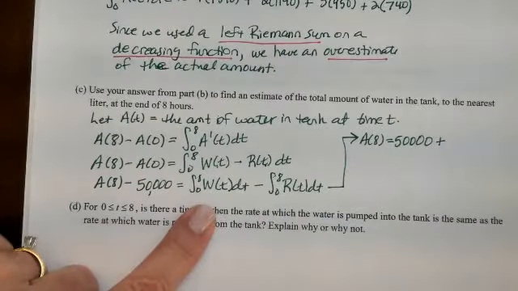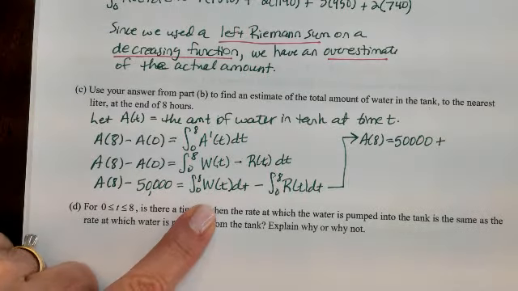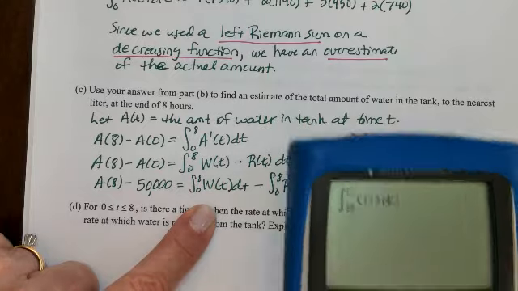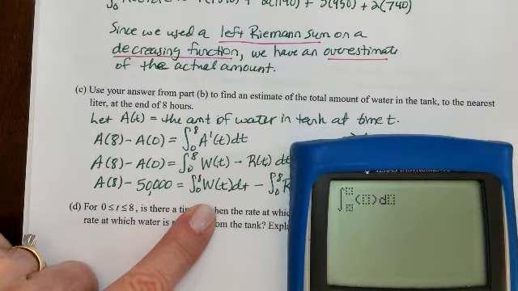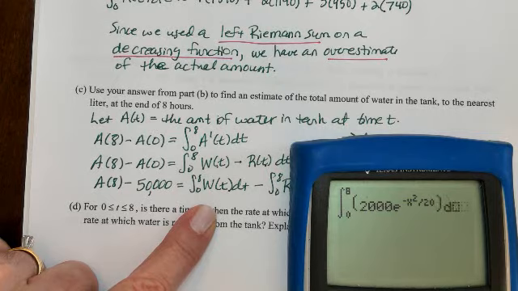So with my calculator, I'm going to say math 9, 0 to 8, of W of t, let me type that in here, 2,000 e to the negative x squared over 20, with respect to x.